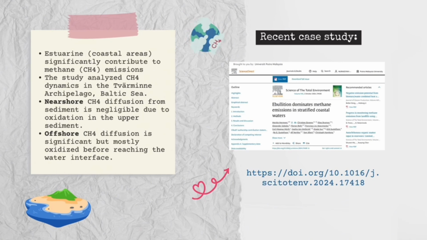This finding suggests that abolition may play a critical role in methane emissions from various stratified brackish coastal systems worldwide, potentially leading to an underestimation of global methane emissions.